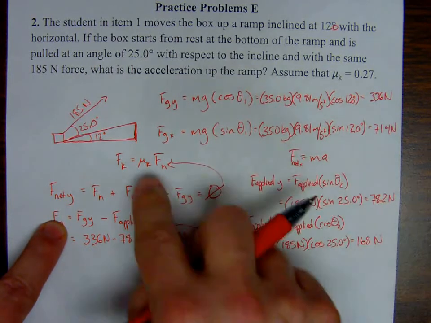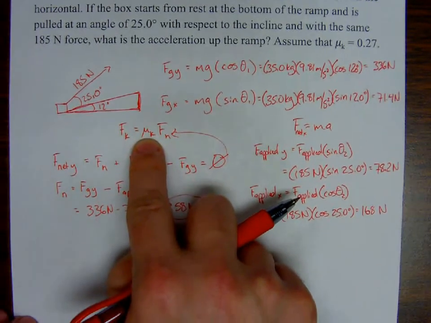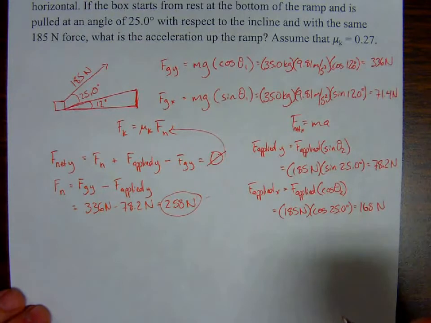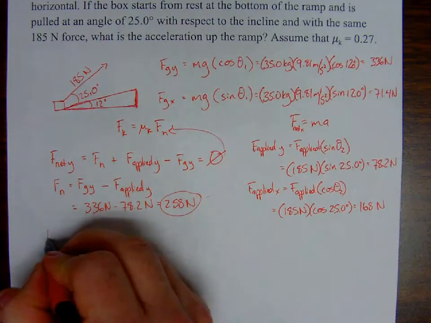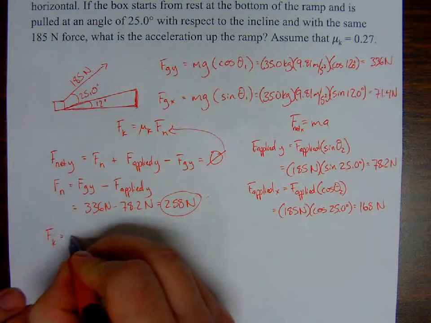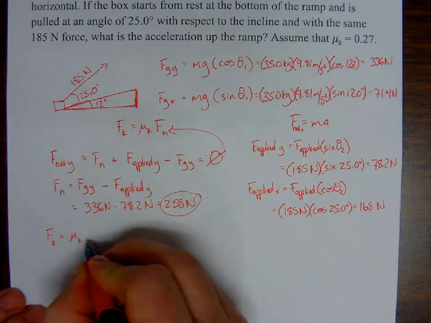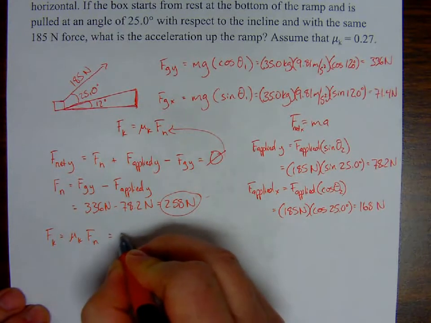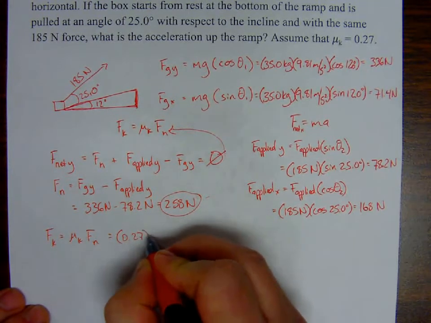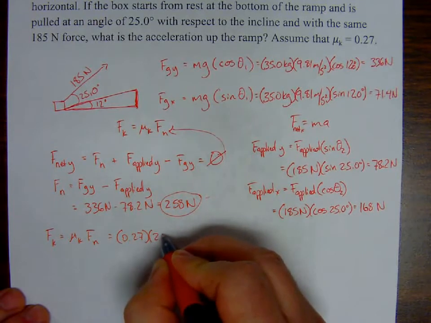Okay, so now we're going to figure out our net force in the x direction. It's going to be very similar to this, except it's not going to be equal to 0 because we're going to move the box. So let's represent it with x.